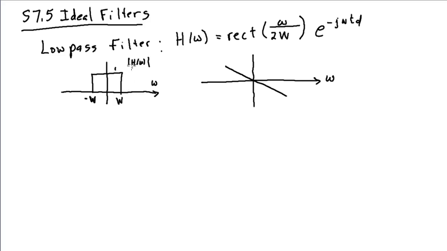If, on the other hand, there are components in our input signal at frequencies greater than capital W, then our low-pass filter is removing those, and we're getting a distorted version of the input at the output from our filter. In some cases, that may be desirable if we're trying to remove high-frequency components, which would result in a smoothing type of operation.